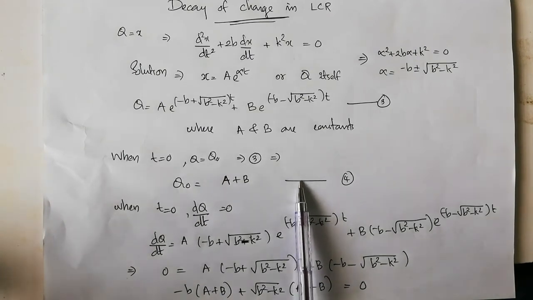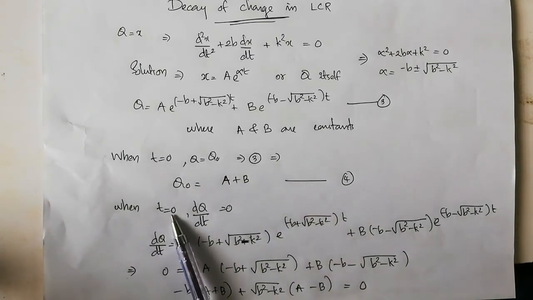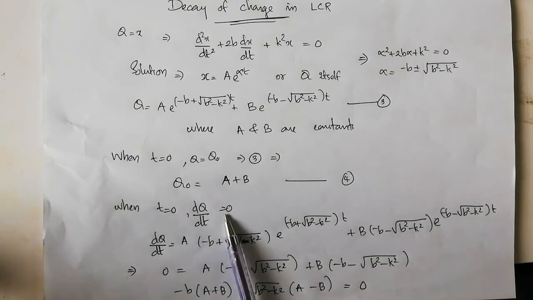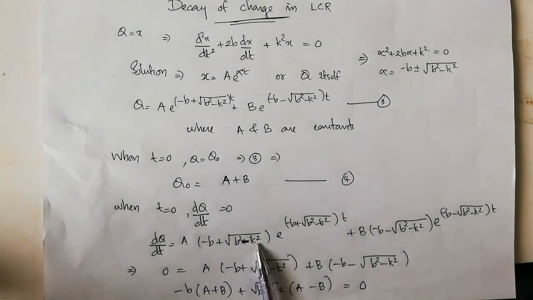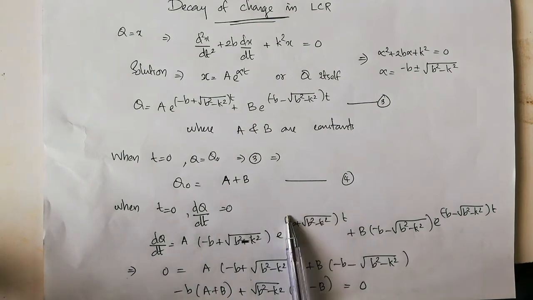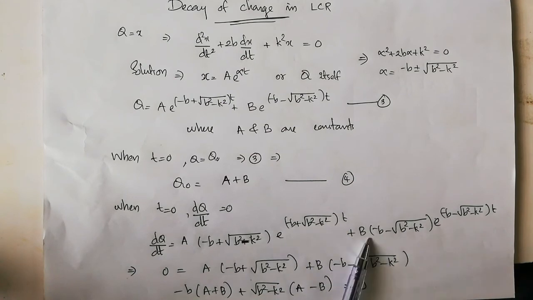Now the next condition: at t = 0, dQ/dt is also equal to 0. Then dQ/dt = a(−b + √(b² − k²)) e^(−(b − √(b² − k²))t) + b(−b − √(b² − k²)) e^(−(b + √(b² − k²))t).